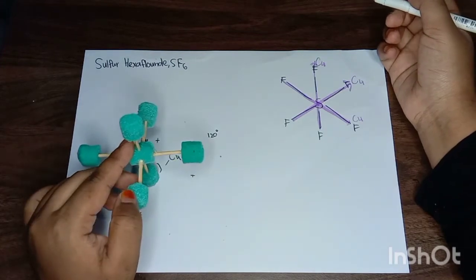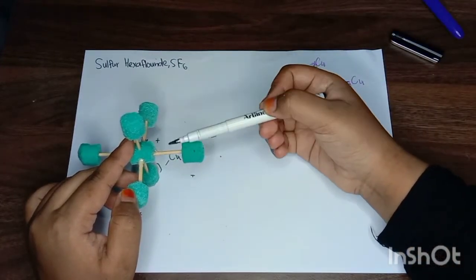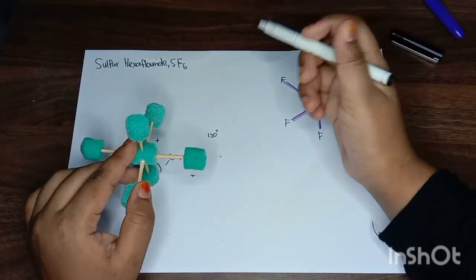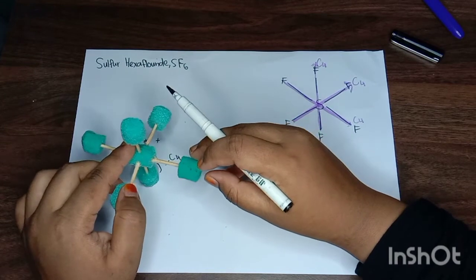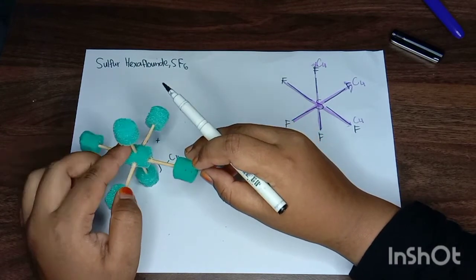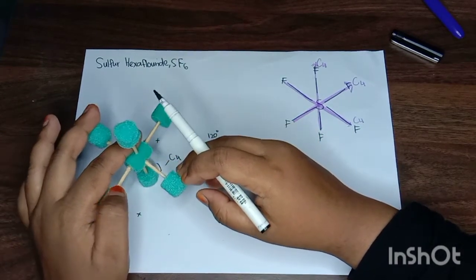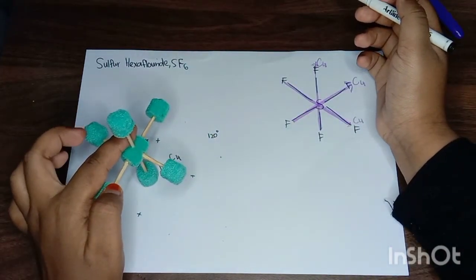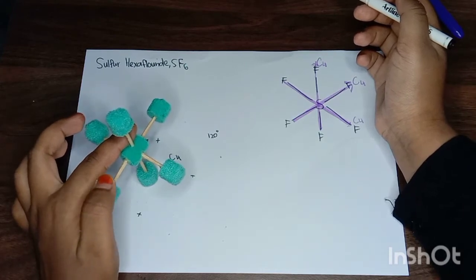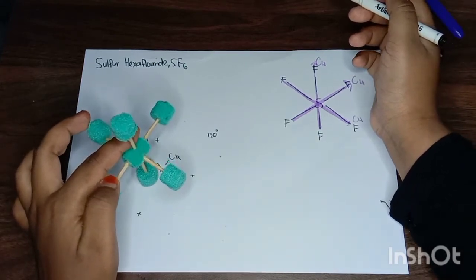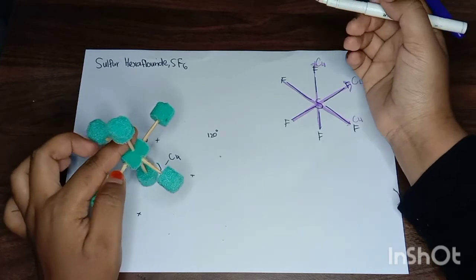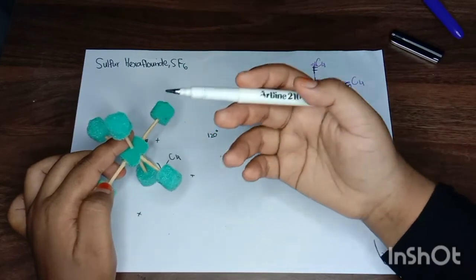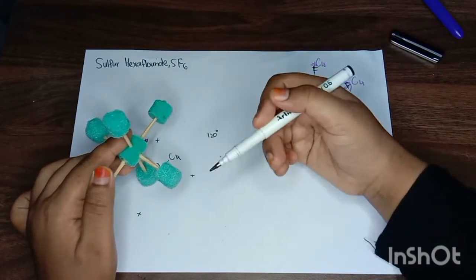If we rotate 120 degrees, we will take a look, the configuration is also the same, which is fluorine is also located at the same place, and also from the top we can rotate 120 degrees.